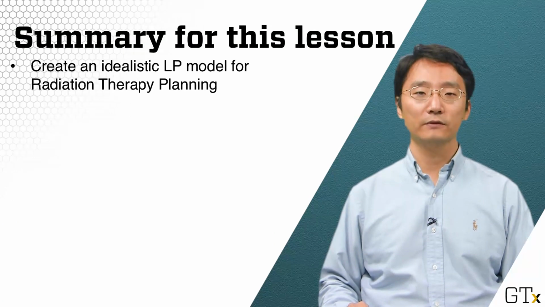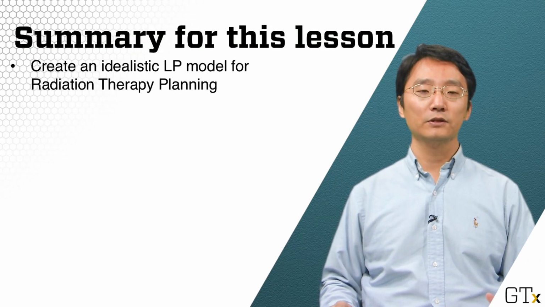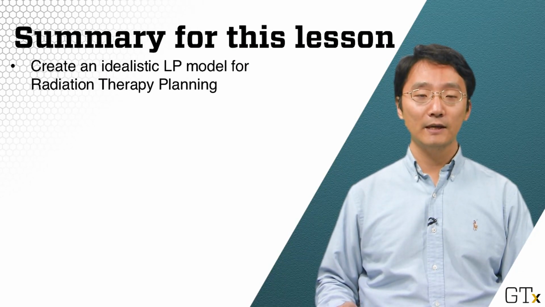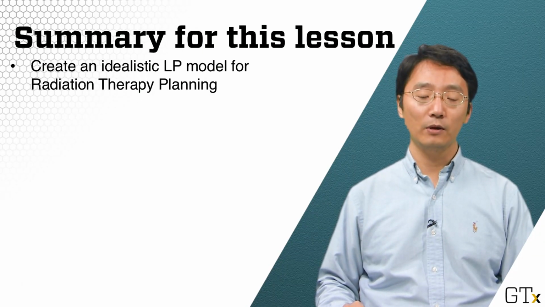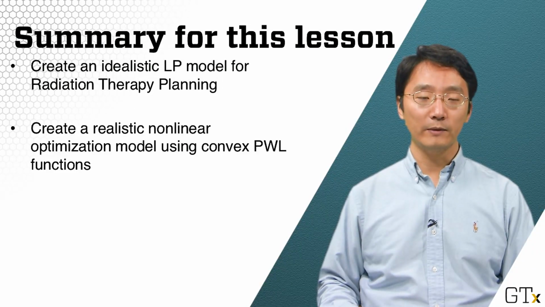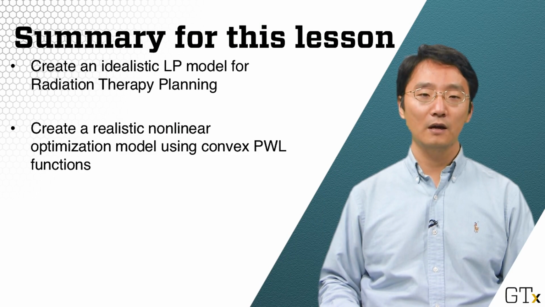Okay, let's summarize for this lesson. We first created an idealistic LP model for the radiation therapy planning problem. It's idealistic because it may not always be feasible due to the complicated shape of the tumor and critical area. And then we created a realistic nonlinear programming model using convex piecewise linear functions, either as the sum of absolute value functions or as the maximum of absolute value functions.